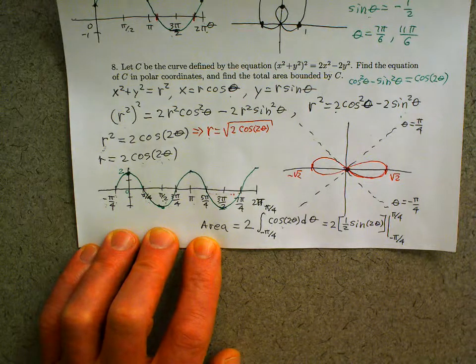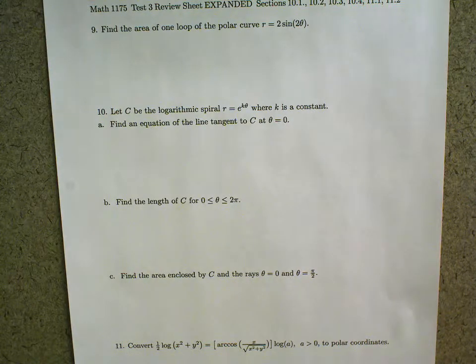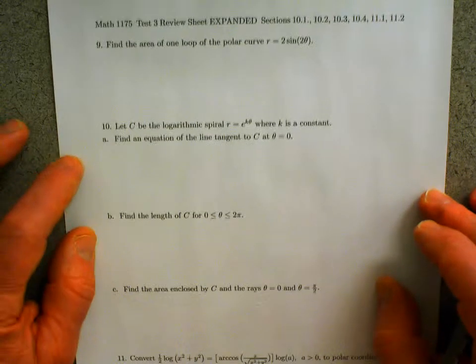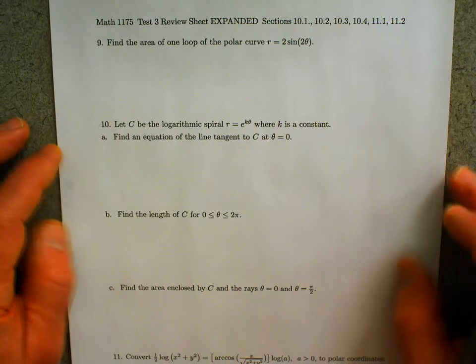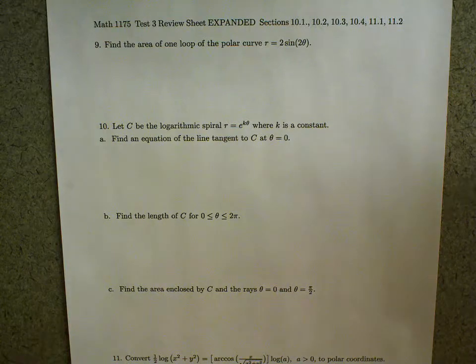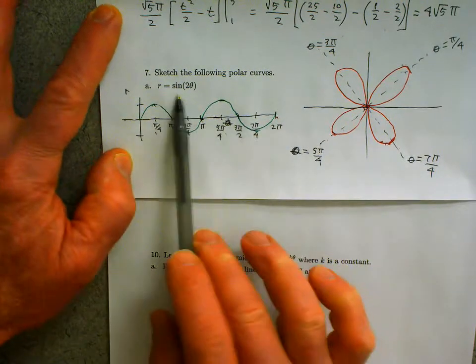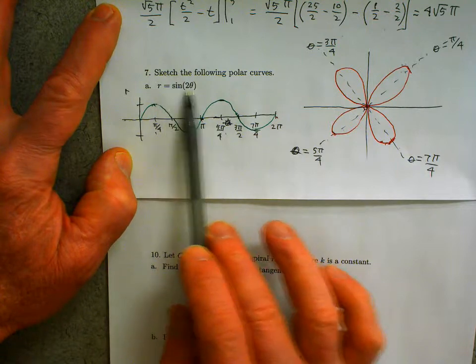Okay, let's move on to the next page. Number 9. Find the area of one loop of the polar curve r equals 2 times sine of 2 theta. So let's revisit problem number 7, part A, briefly, because on this one, we did the graph of r equals sine of 2 theta.